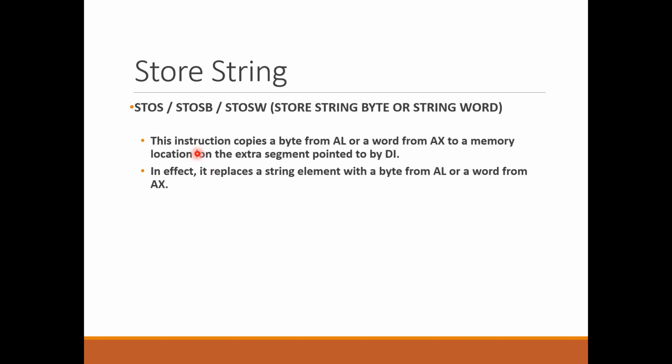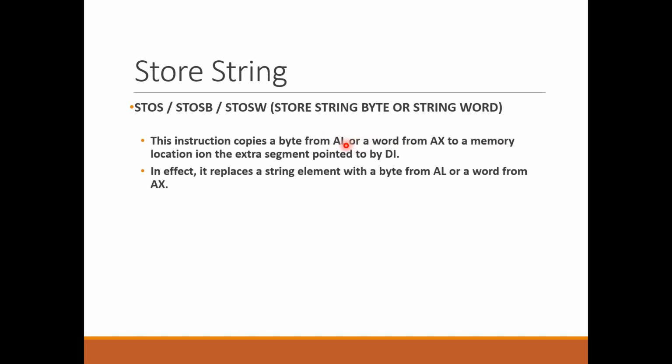And the store instruction, this is just like the load, but in the opposite direction. Instead of copying the data from the memory location to the AX register or accumulator, it stores the data from the AL or AX to a memory location.